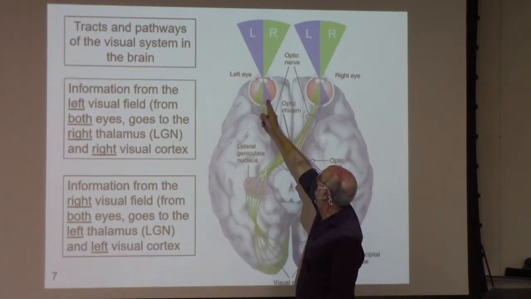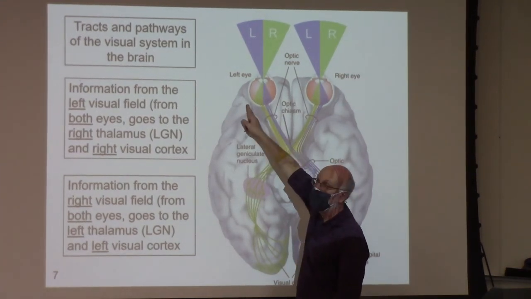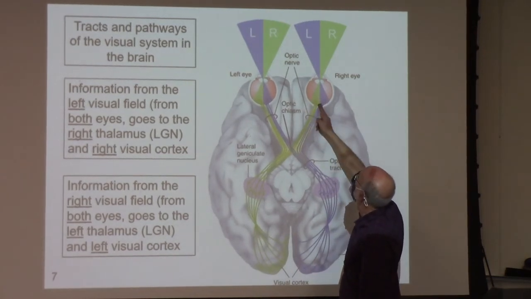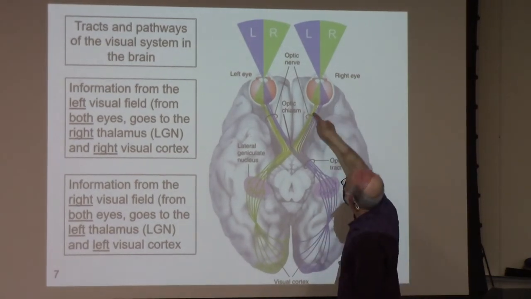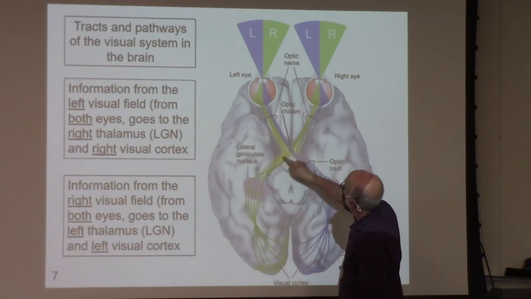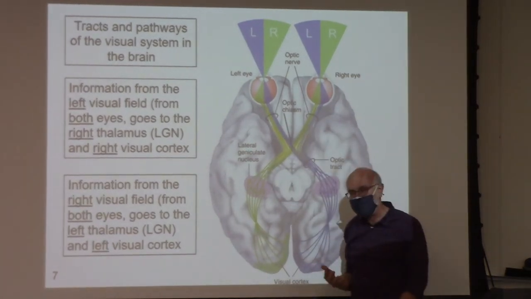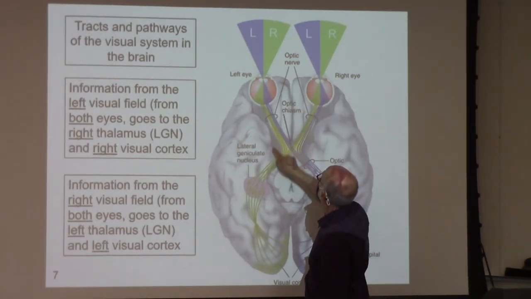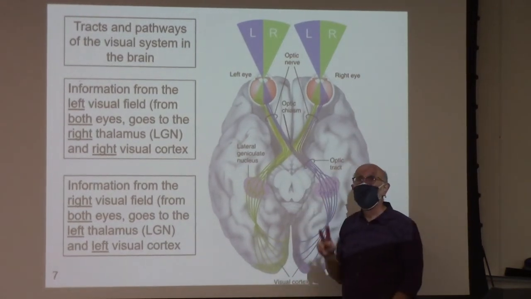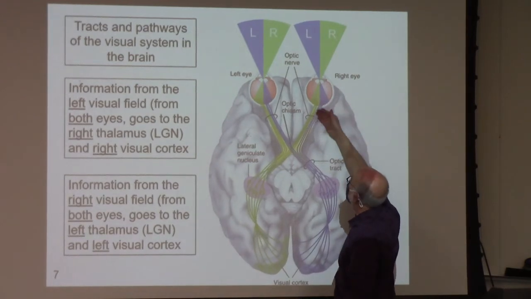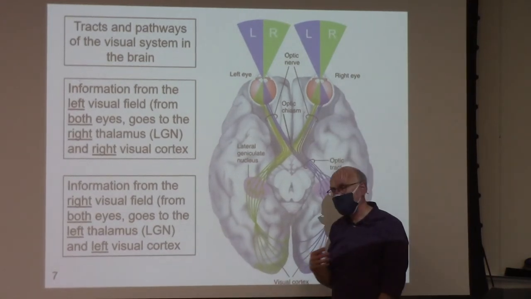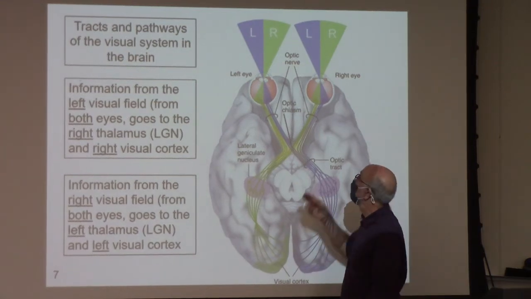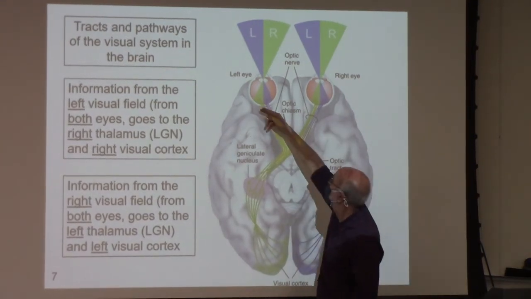Fovea, medial retina, lateral retina. The medial retina crosses over. The axons from the ganglion cells in the medial retina cross over. But the axons from the lateral retina, the axons from the ganglion cells in the lateral retina do not cross over.